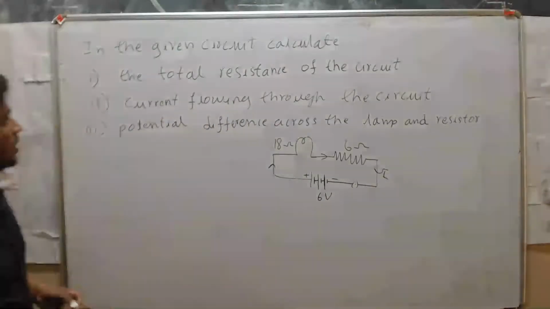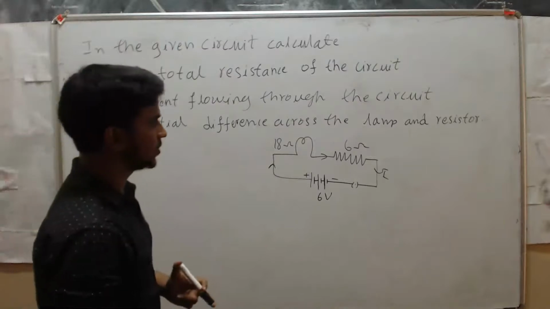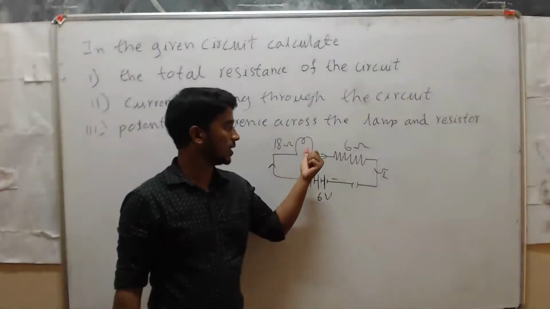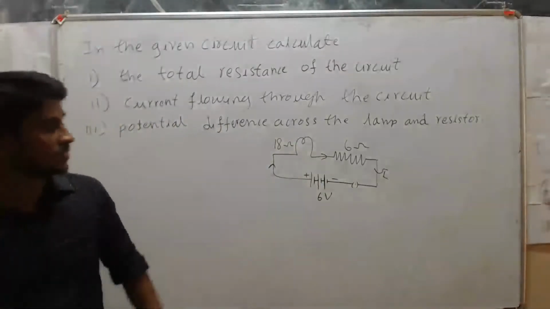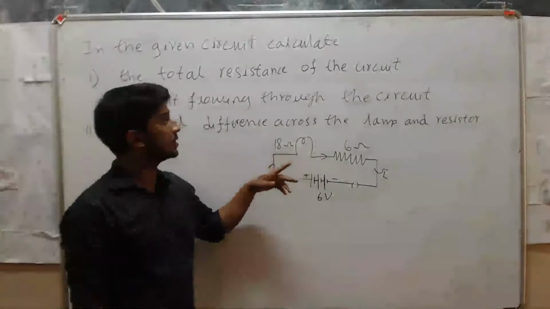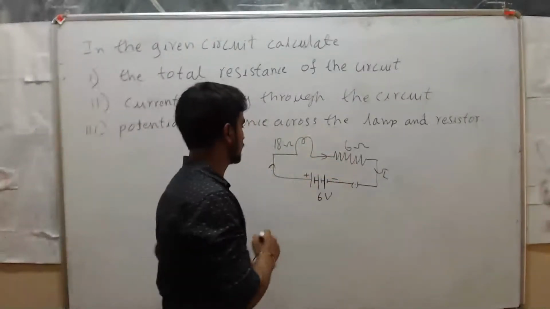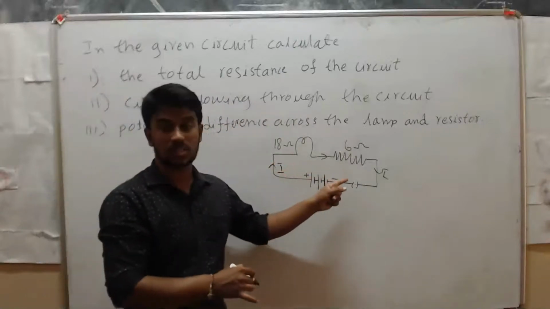Yes, here in the given circuit, calculate the total resistance of the circuit. Here one is a resistor, another one is a lamp. They have given the resistance of the lamp, that is 18 ohm. Calculate the current flowing through the circuit, that is I, then the potential difference across the lamp and resistor.